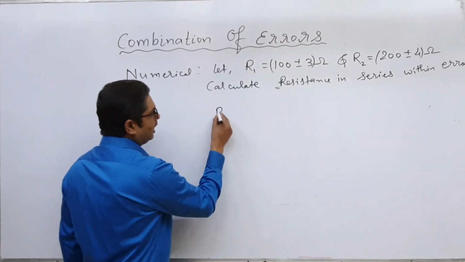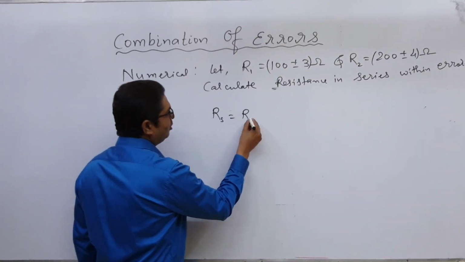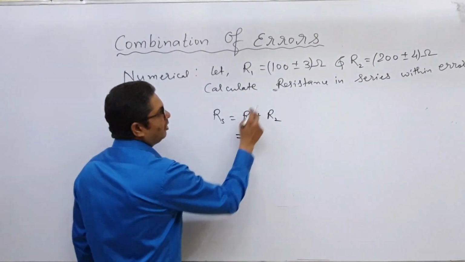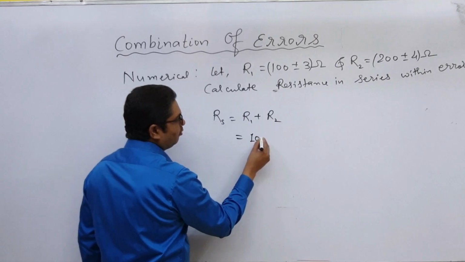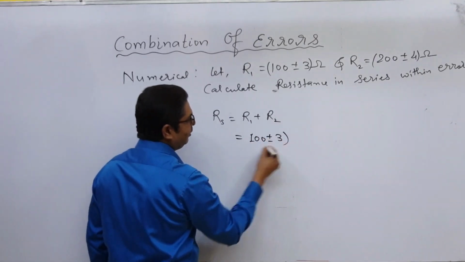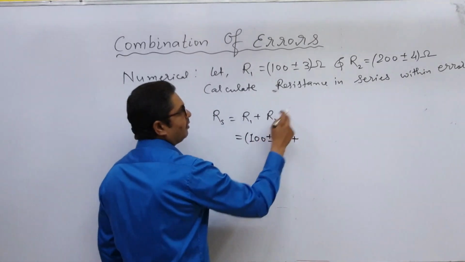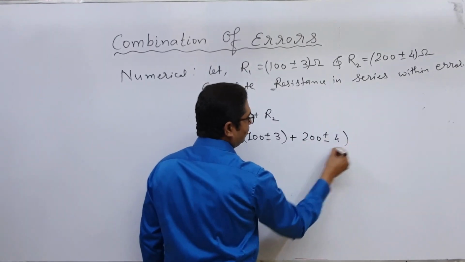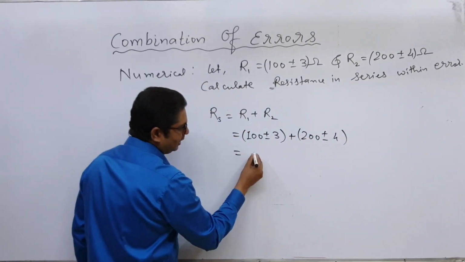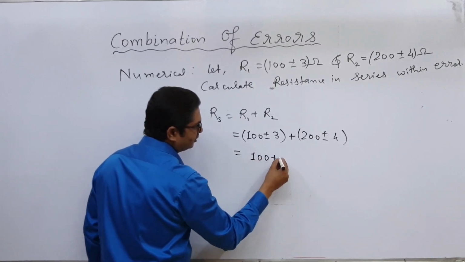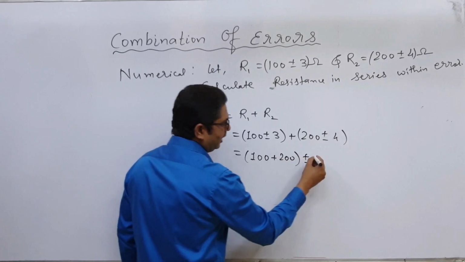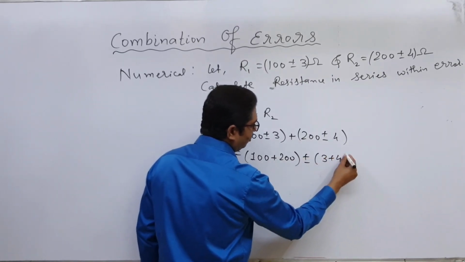You know that R series is equal to R1 plus R2. So put the value of R1, 100 plus minus 3, and put the value of R2, 200 plus minus 4. Now separate it like this, 100 plus 200, give here plus minus and write here 3 plus 4.